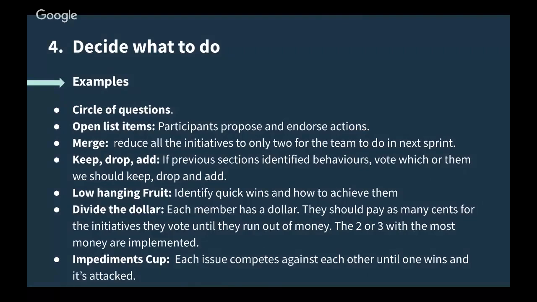Open list items: basically everyone proposes solutions to a certain problem, and the whole team votes on those actions, and the most voted is the one to get implemented. Merge, which basically is grab some of the initiatives and pick two by voting, and those are the ones you do in the next sprint.